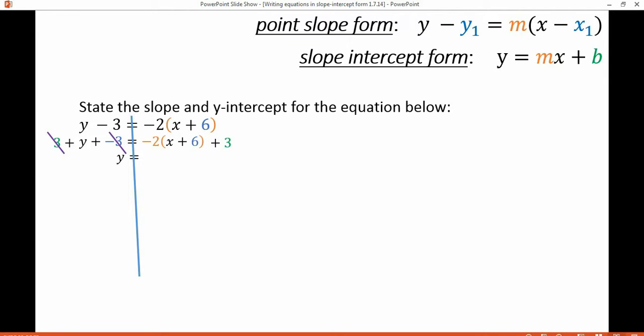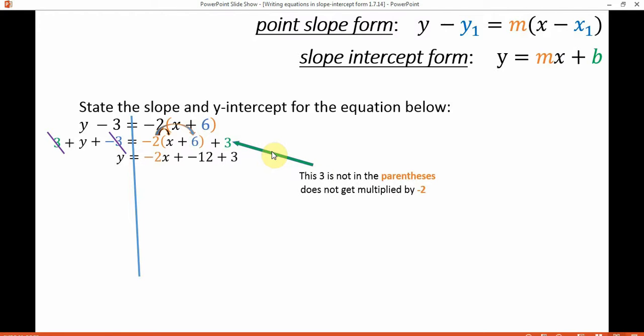All right, so we'll get y equals -2 times x, which is -2x, and then we also have to multiply the -2 times 6, which we get -12. We carry down the +3. This is our resulting line. That 3 doesn't get multiplied by that -2, because it's not in this set of parentheses.